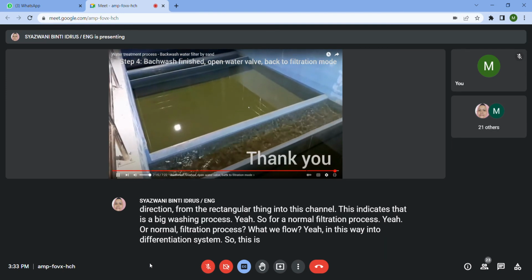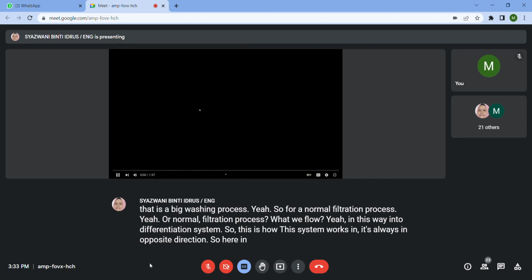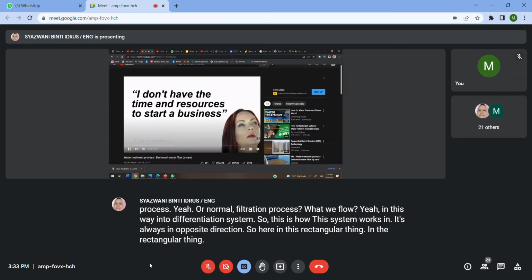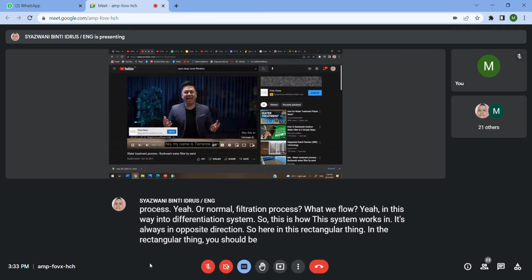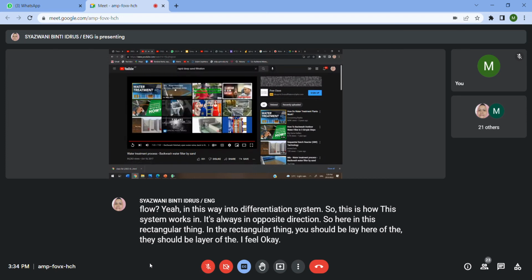So this is how the system works. It's always in the opposite direction. So here in the rectangular tank, there should be a layer of the filter media. Okay.